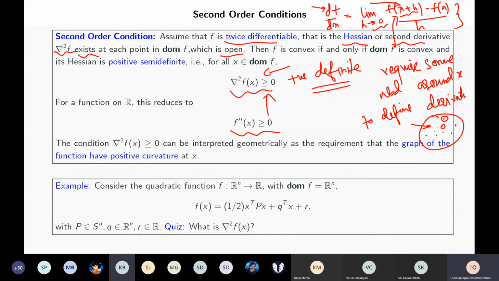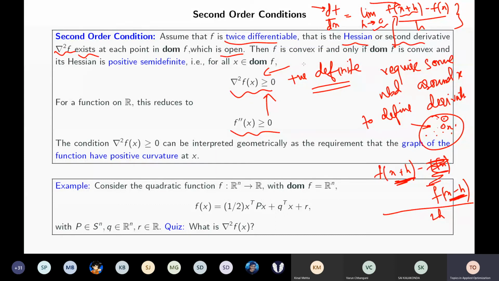There are other ways of defining the derivative, like center differences, f of x plus h minus f of x minus h, by 2h. There are many ways you can define a derivative, but in all cases you need some freedom around your point x where you want to take the derivative. That's why we need this open thing.